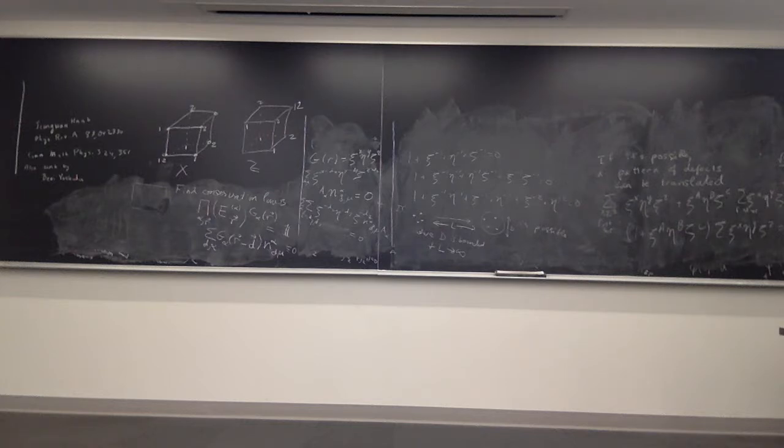I'll say it briefly, and if you want more details, I can explain it more afterward. So if this product is 0, one of the two factors has to be 0. That has to be true for every c, eta, and zeta.